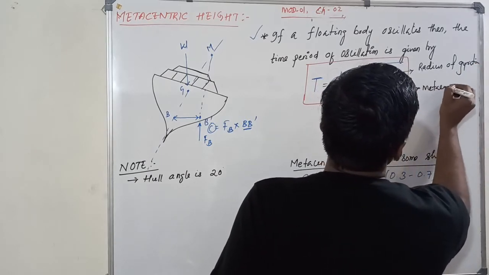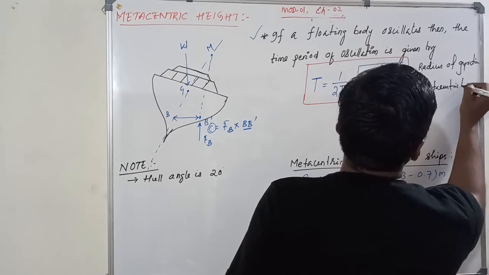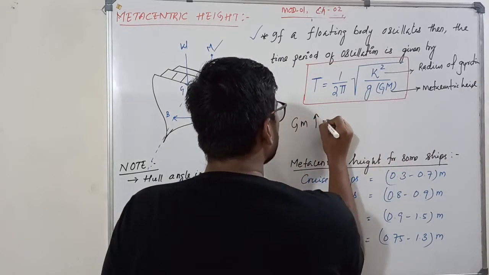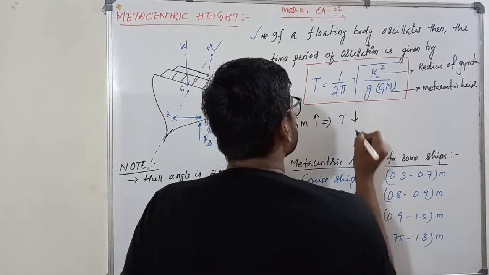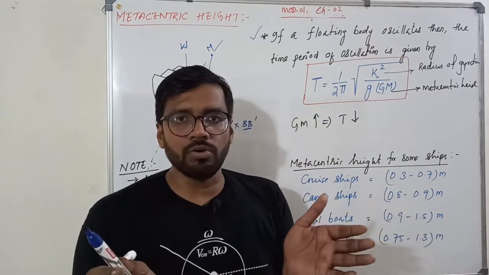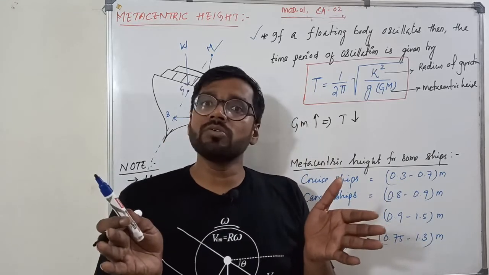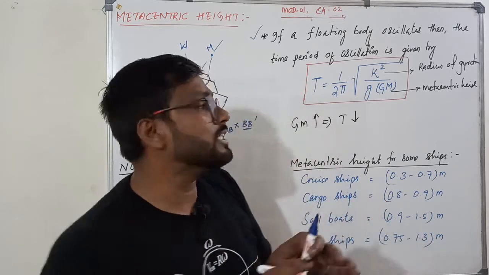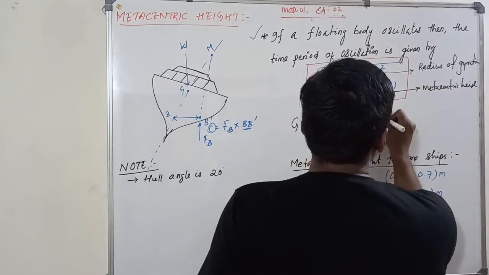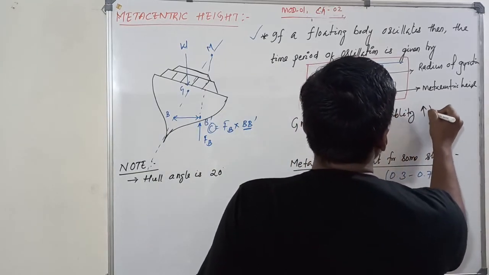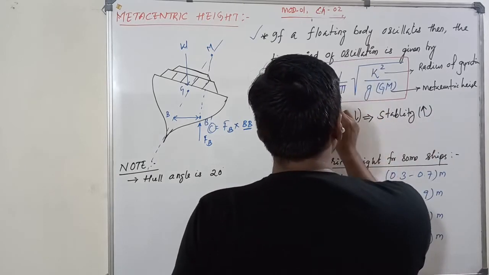Sir, g is the acceleration due to gravity, and GM is the metacentric height. So what happens when your metacentric height is more? If metacentric height is more, then the time period of roll is less. That means quickly it is coming to the original position. If it quickly comes to the original position, we call that, sir, stability increases. That means that kind of ship is more stable.